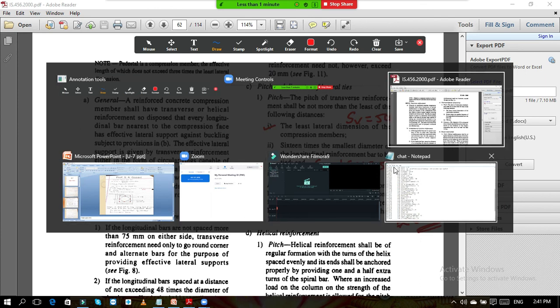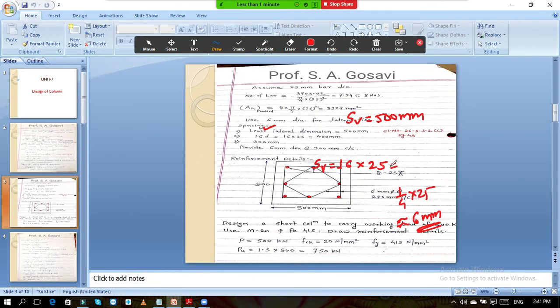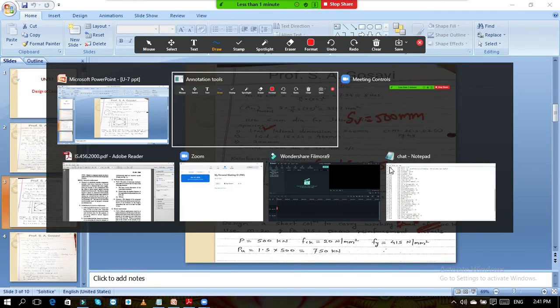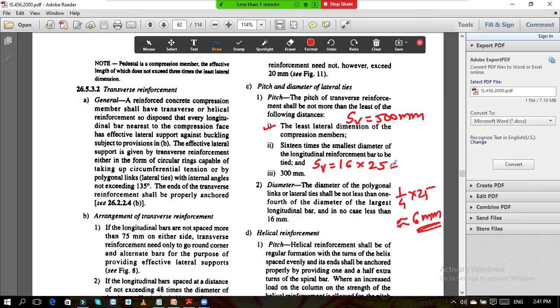And in no case should it exceed 300 mm. These three criteria we are going to use to calculate the spacing.